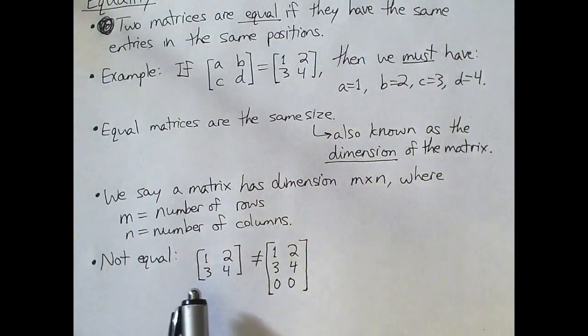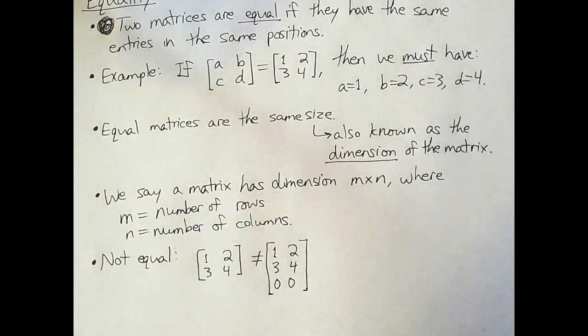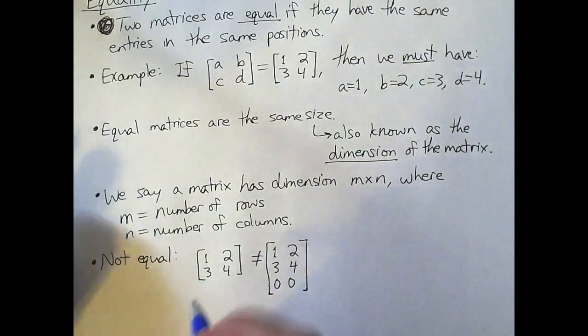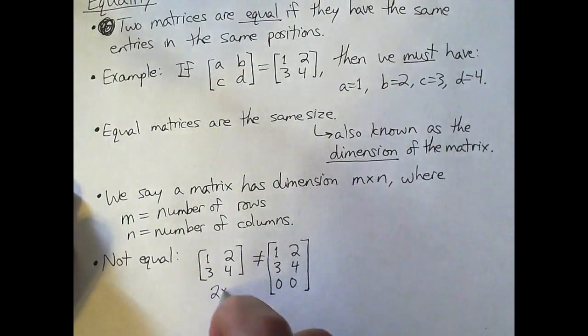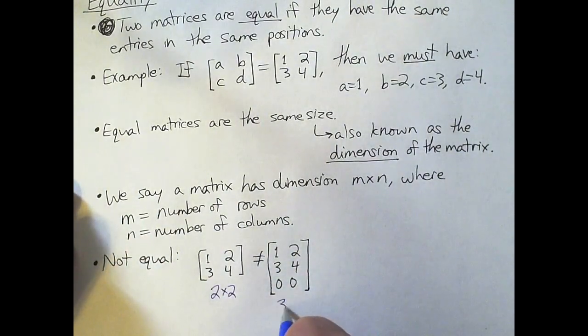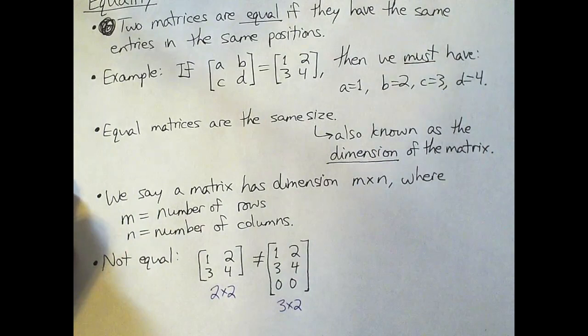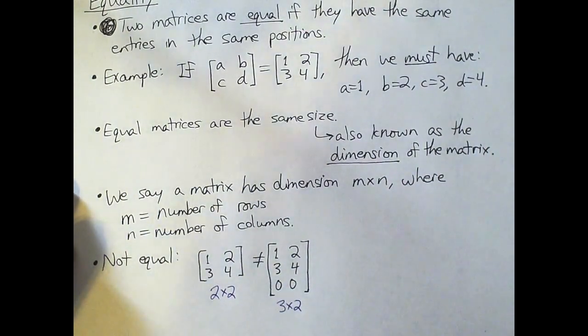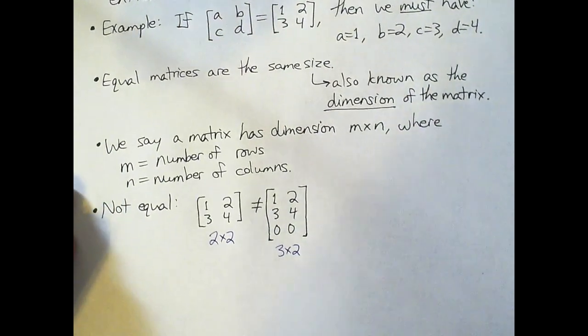Even though all of the entries in the left matrix appear in the same position in the right matrix, we still do not say these matrices are equal because the one on the right has entries that don't appear in the one on the left. And by the way, this matrix we would say is 2 by 2, and this matrix we would say is 3 by 2. It has 3 rows and 2 columns. So as soon as I see that they're a different dimension, I can automatically say that they're not equal to each other.